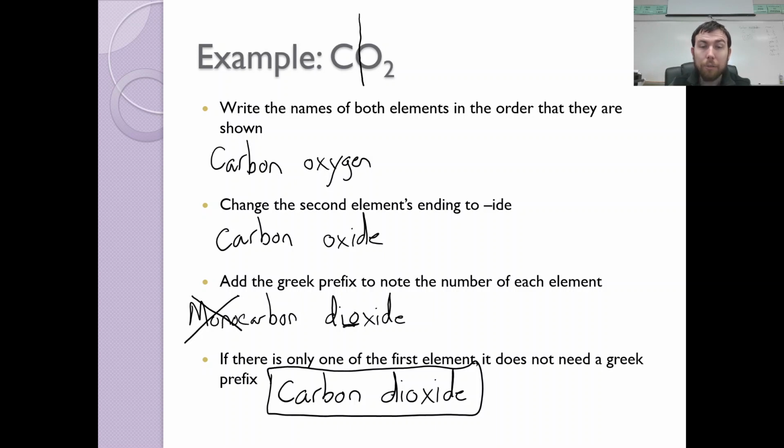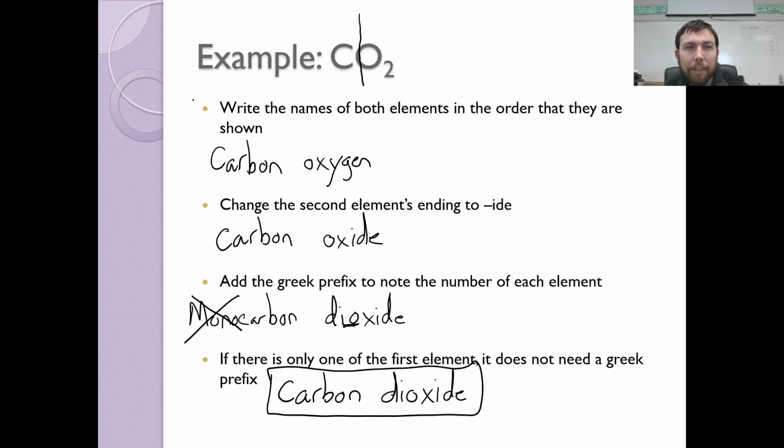All right. So that, ladies and gentlemen, those are the rules that we would use to name covalent compounds. And again, I'm not necessarily asking you to always write out all four of these steps, but it's a good thing to walk yourself through. As you're first doing this, write out all these steps and kind of go through those changes until it becomes natural, because then eventually what you can start doing is you can do these things in your head.